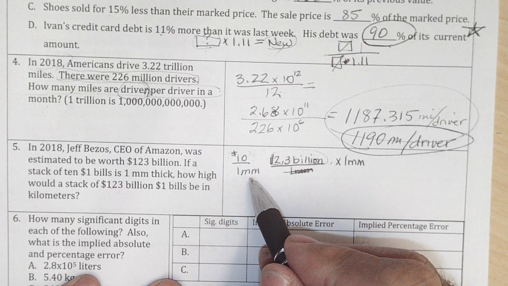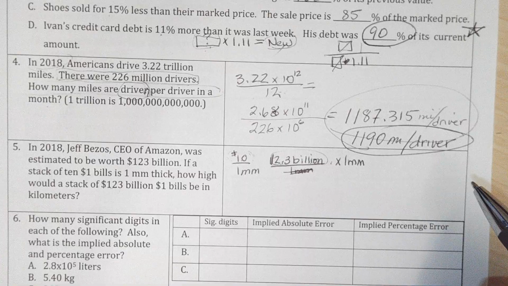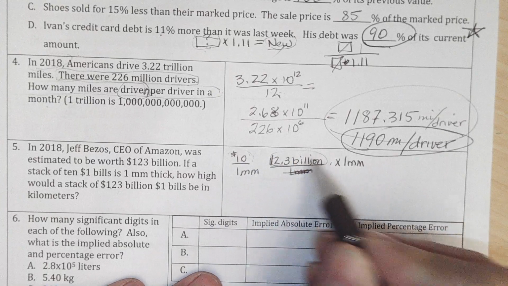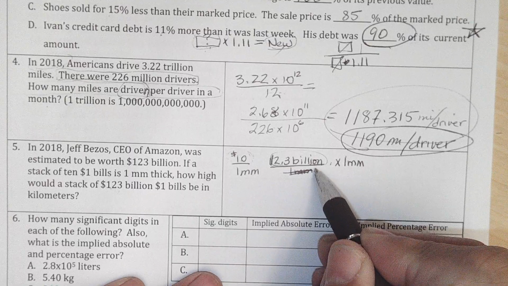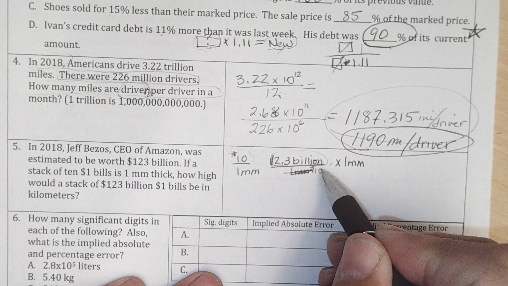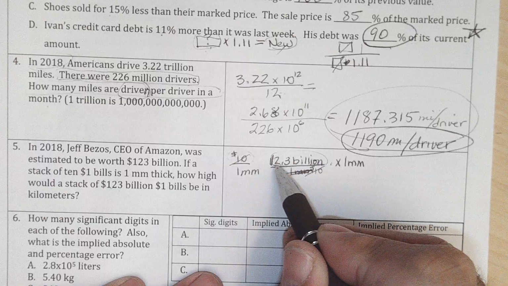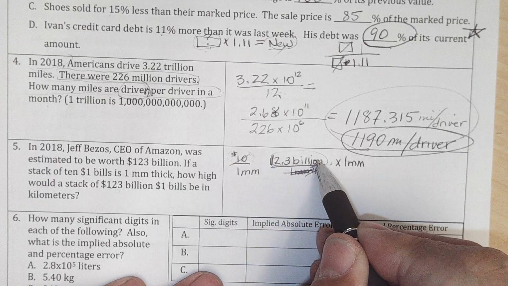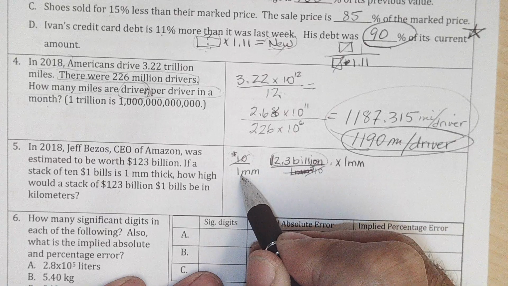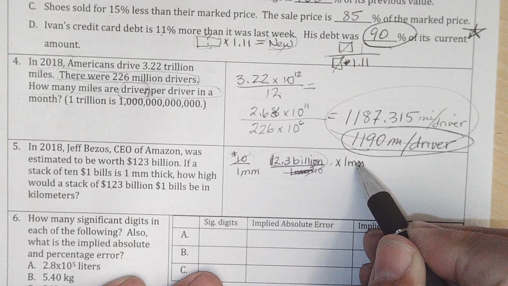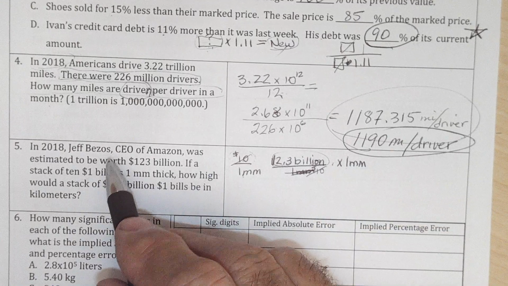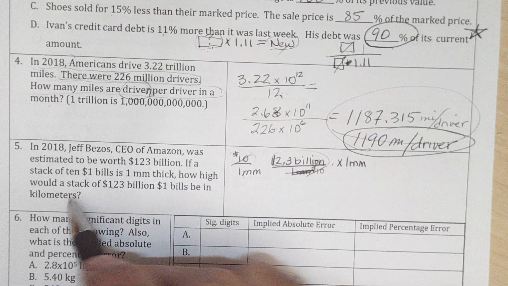I'm struggling to say this correctly. This many stacks of $10 bills. So this cancels this, and so I get 12.3 billion over 1 millimeter times how many millimeters are in a kilometer that we're supposed to go to.